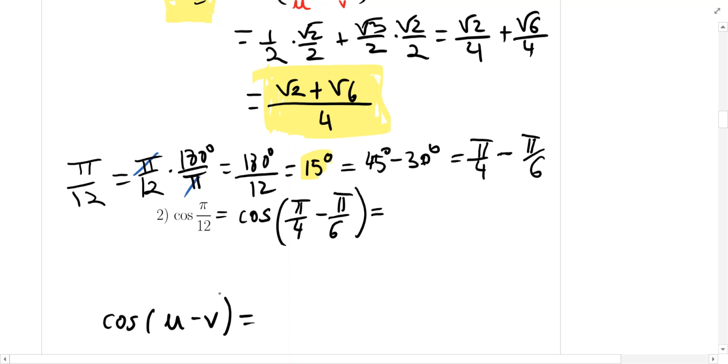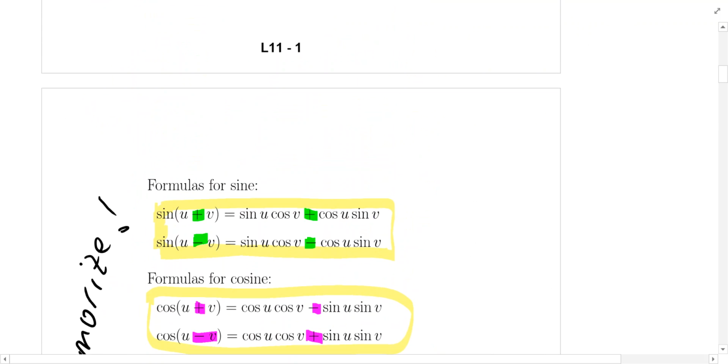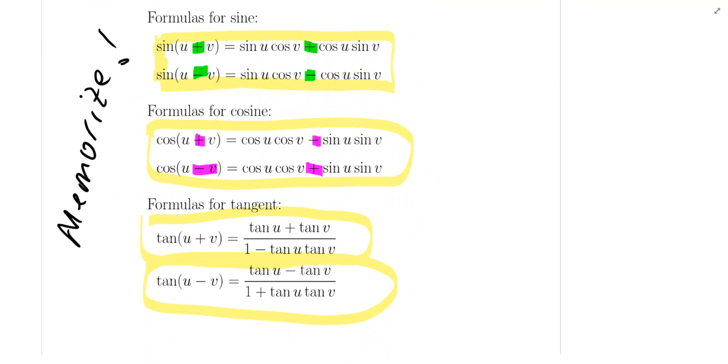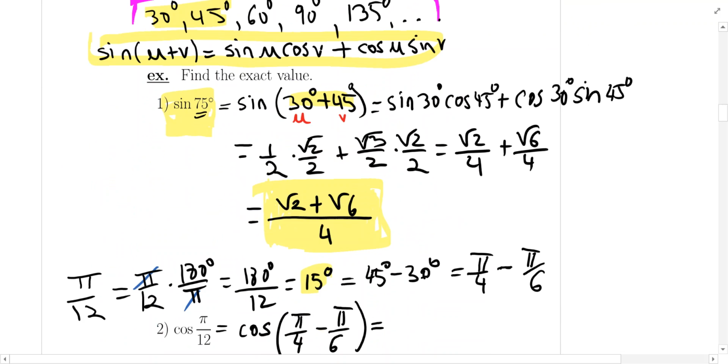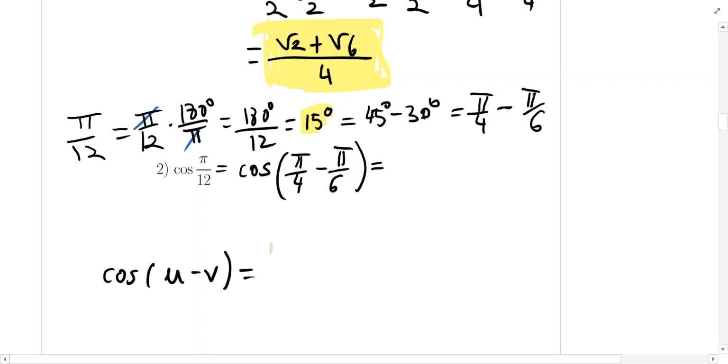Cosine of u minus v is cosine times cosine plus sine times sine. Let's write the formula so that we remember: cosine of the first times cosine of the second plus sine of the first times sine of the second.